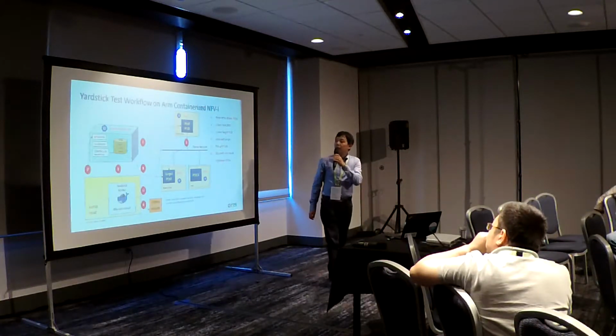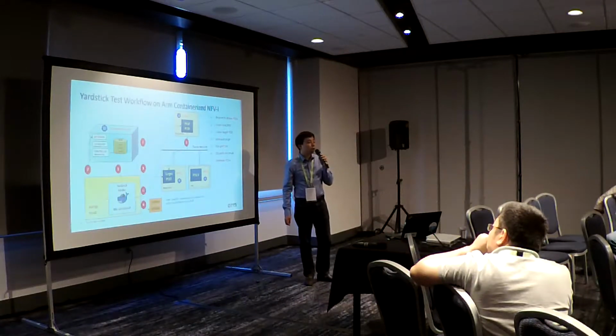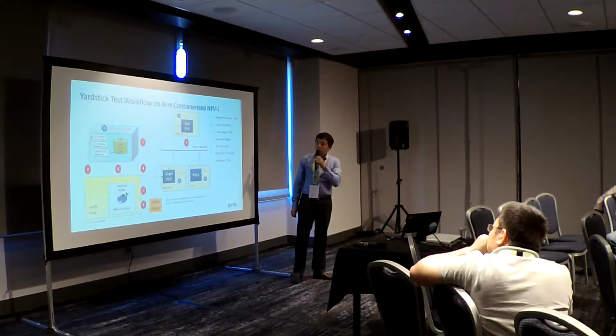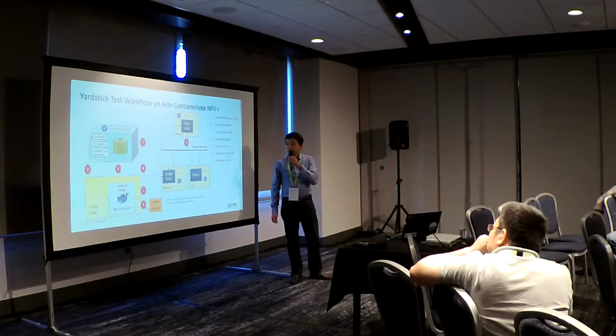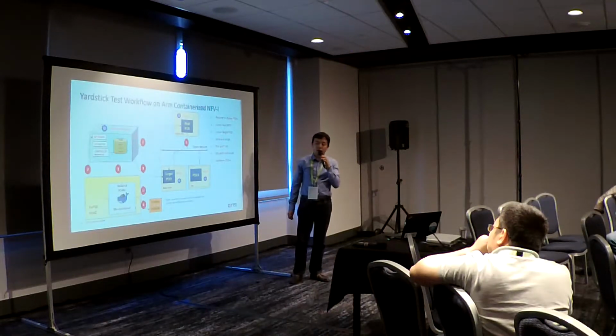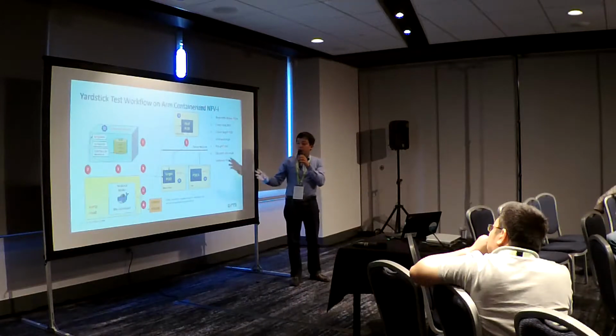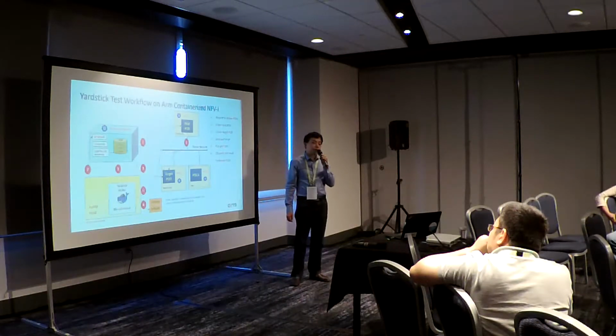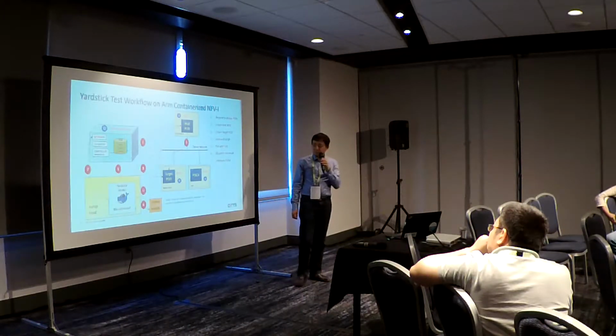Okay, in this slide, we are going to have a look at Yardstick from the workflow point of view. Yardstick itself is actually running as a Docker container, and in our case, it's running as a pod of Kubernetes on a jump host.